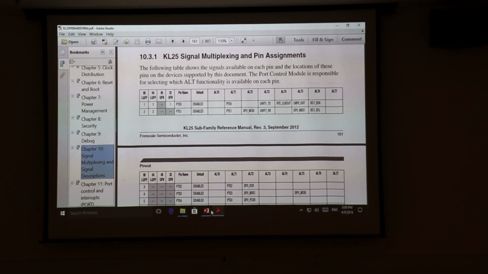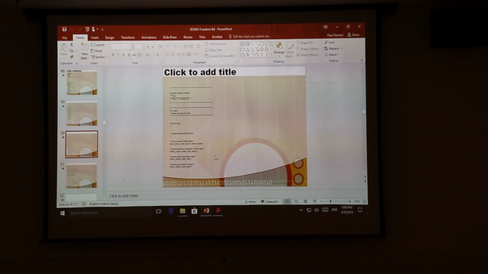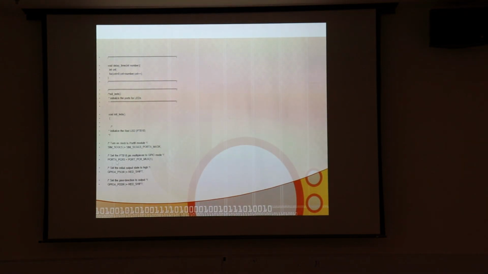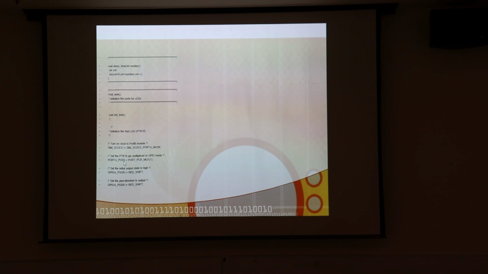Okay, so if we go back to the slides, and we look at that, you can see right here, port A underscore pin control register, and then 5. Don't confuse this with system block K control register 5. The 5s don't have anything to do with each other. This happened to be for the tower board that has A5 has one of the colors on it for some reason.